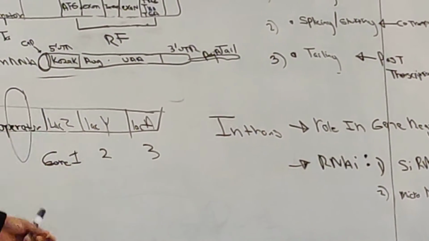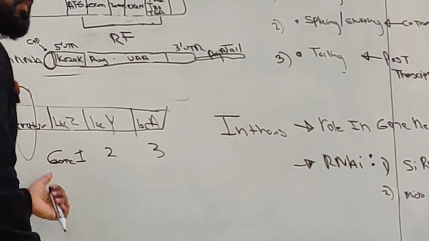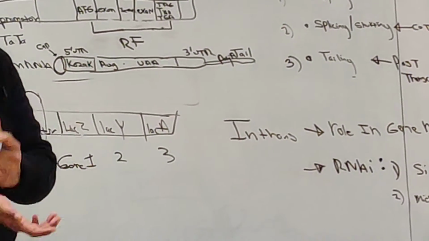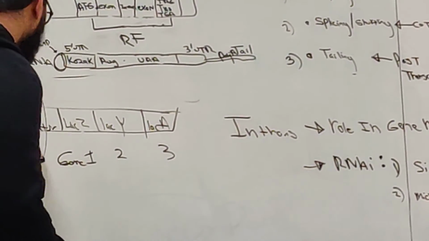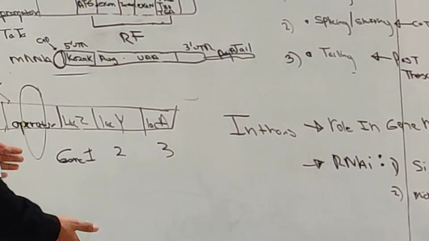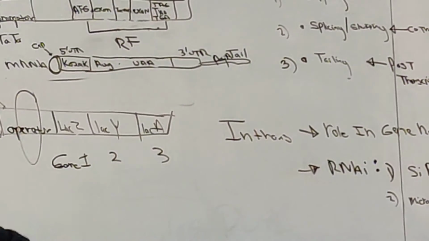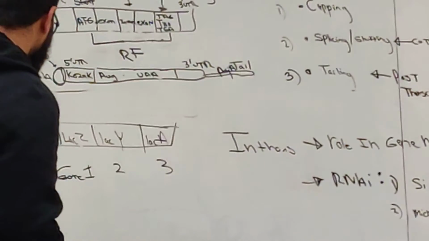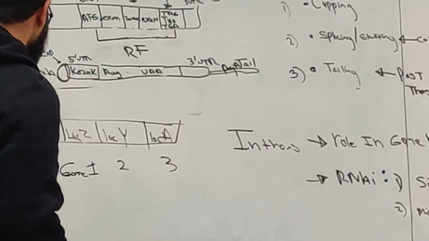RNA polymerase can't move forward unless you either have an inducible system, where the presence of some metabolite causes the repressor to fall off, or you have a system where the repressor is inactive, so the RNA polymerase is able to transcribe.